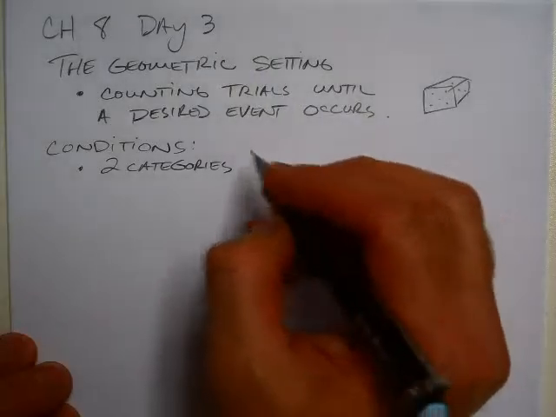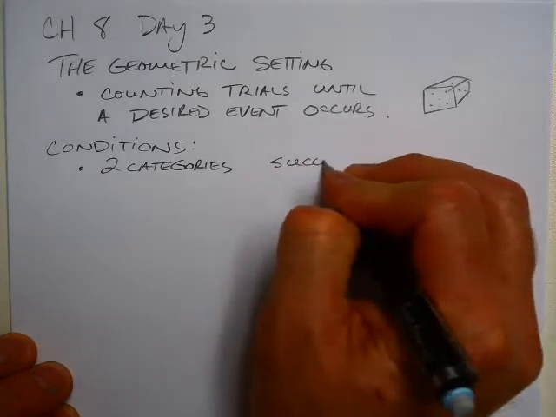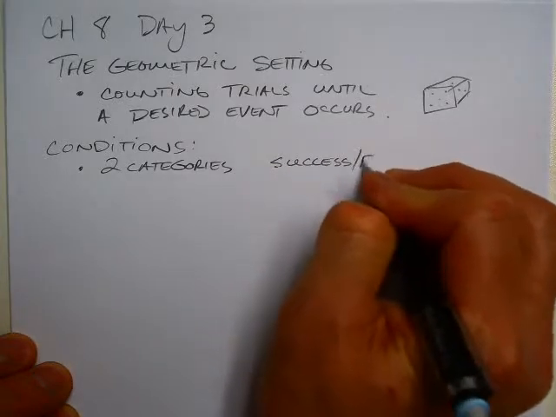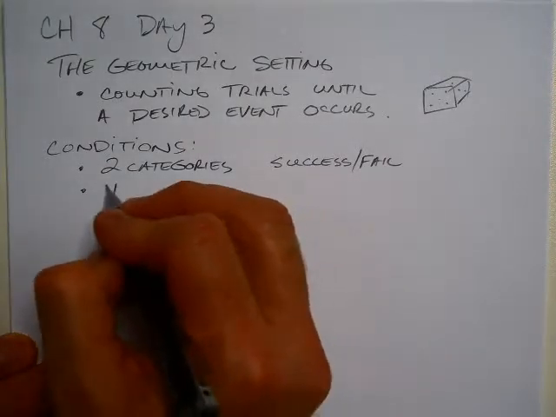There are two categories to a geometric setting: success and fail. The trials are independent.